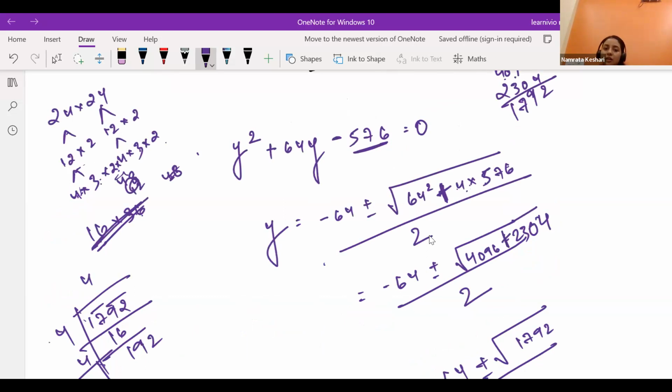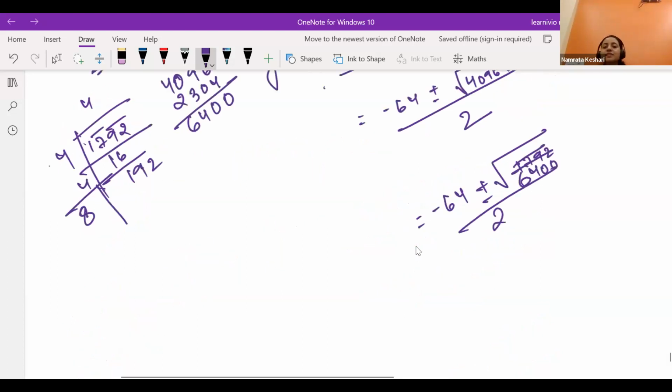I missed that c is negative and I started doing the subtraction between 4096 and 2304. Let me add them. 4 and 6, 10 carry 1, 9 and 1, 10 carry 1, 3 and 1, 4. 6400 we are getting.